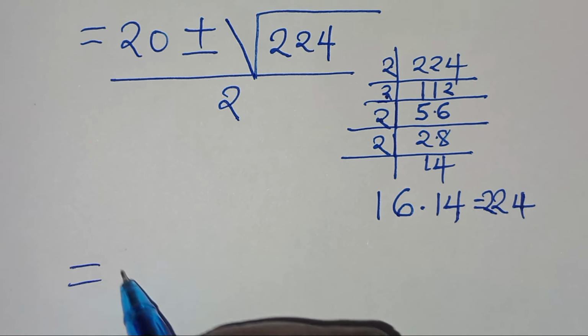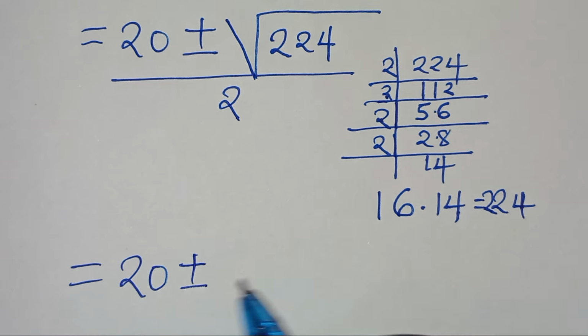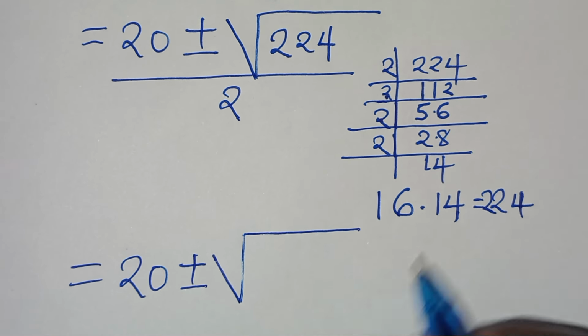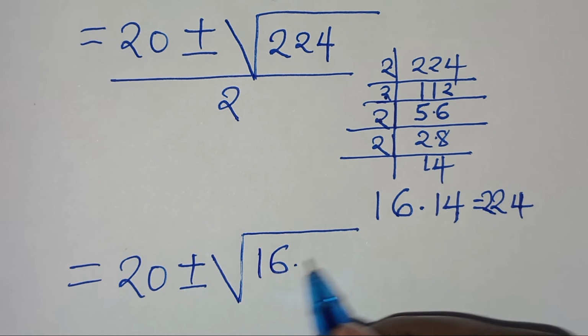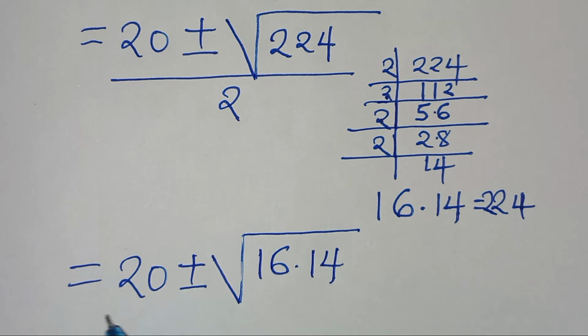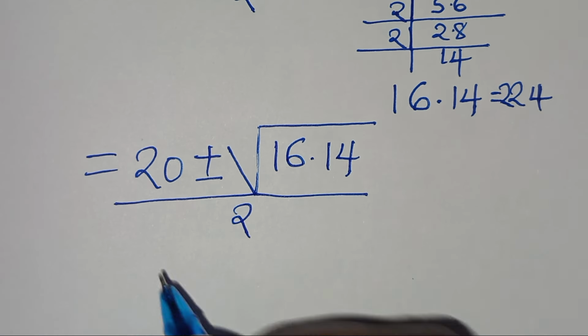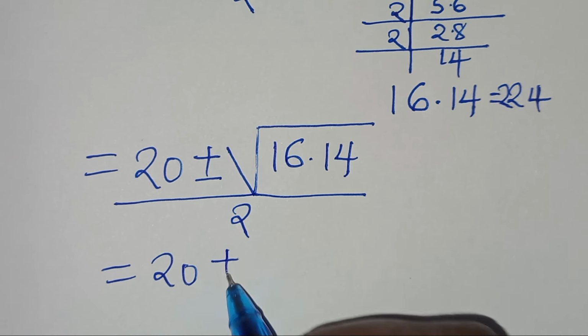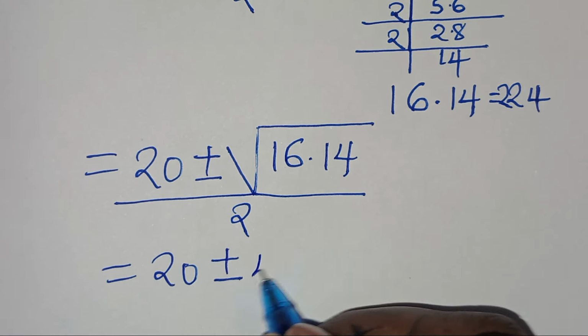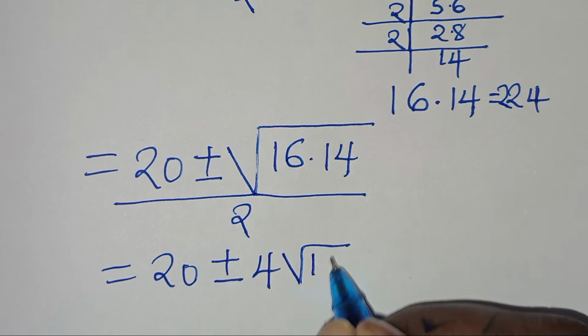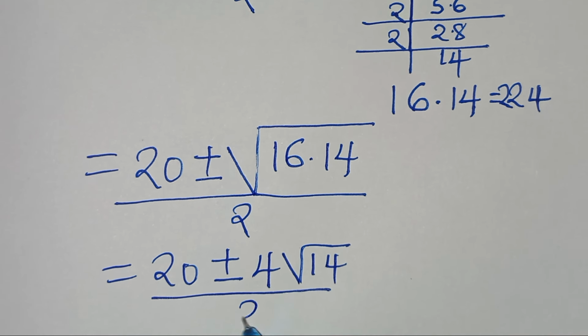So we have 20 plus or minus the square root of 16 multiplied by 14, everything divided by 2. So this is 20 plus or minus the square root of 16, this is 4, then square root of 14, everything divided by 2.